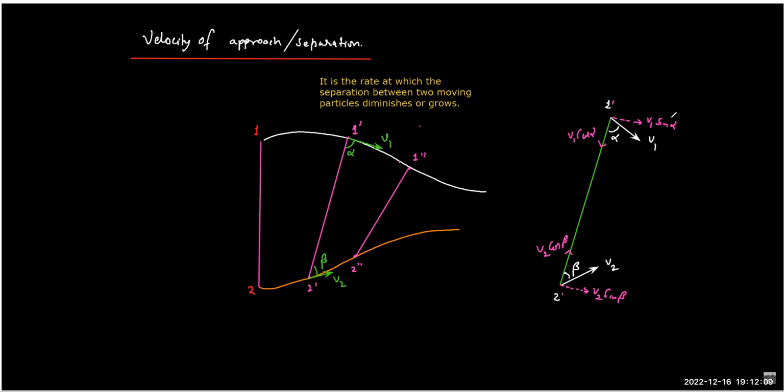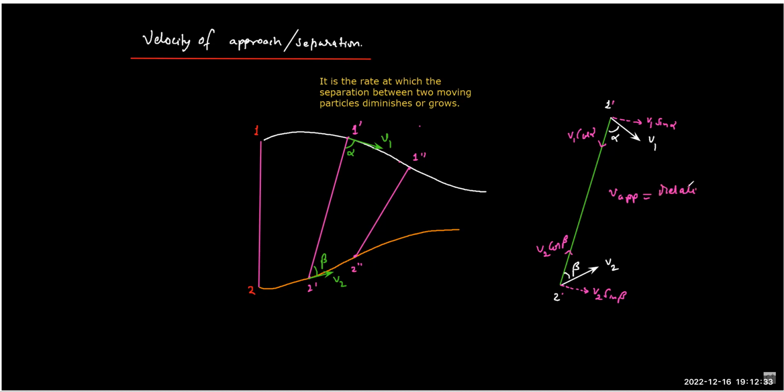So to understand the rotation part, how much it will turn, I'll just come to this. This is very easy. First of all, in this case, what is the velocity of approach? What is V approach? It is the relative velocity along the line joining the particles. The definition is simple.